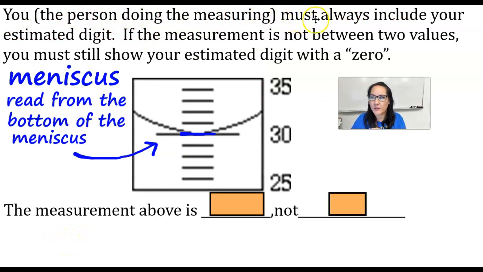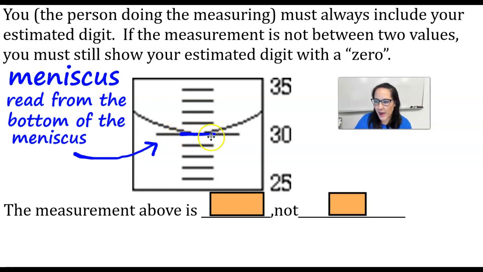You, the person doing the measuring, must always include your estimated digit. If the measurement is not between 2 values, you must still show your estimated digit with a 0. So if I look here, the meniscus, first of all, is the bottom of a liquid inside of a graduated cylinder or a beaker, and that bottom of the dip is what you read on a graduated cylinder.